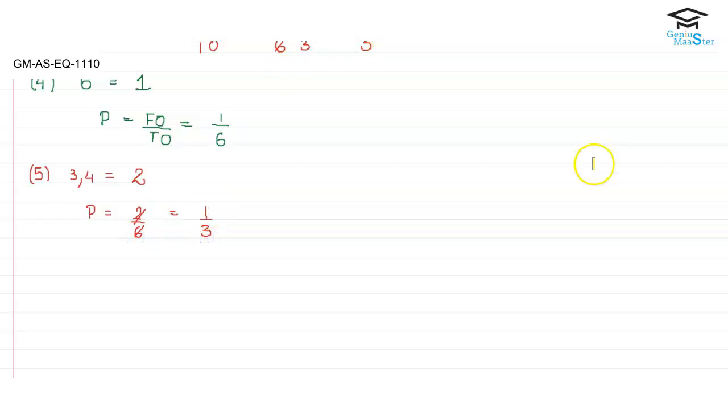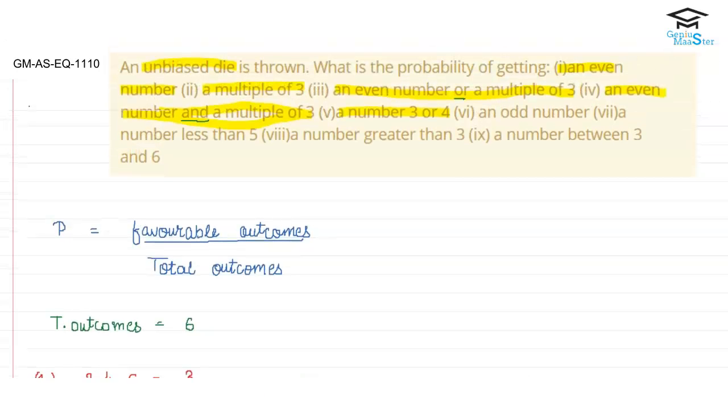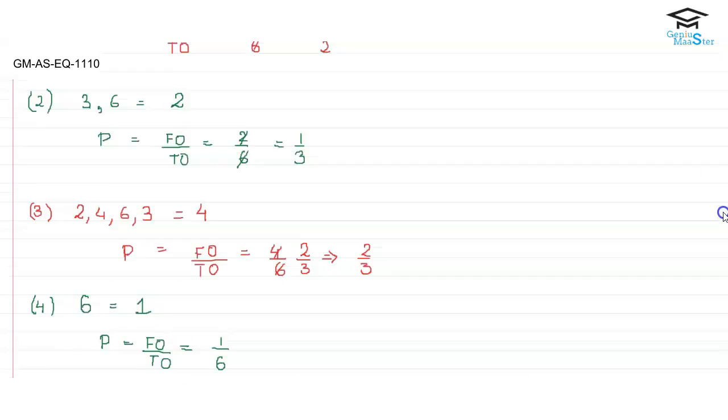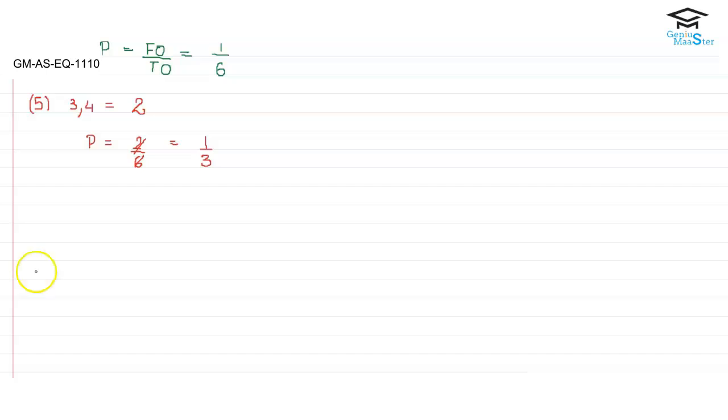Let's move to the 6th part of this question, which says an odd number. So there is 1, there is 3, there is 5. So these 3 are the odd numbers. So when we find the probability, we get 3 by 6, which is equal to 1 by 2. We get 1 by 2 as our probability.